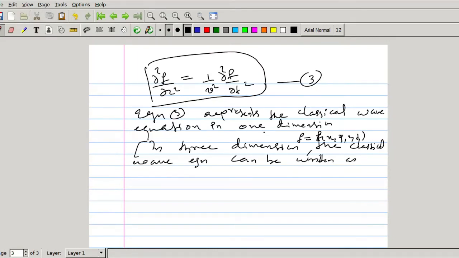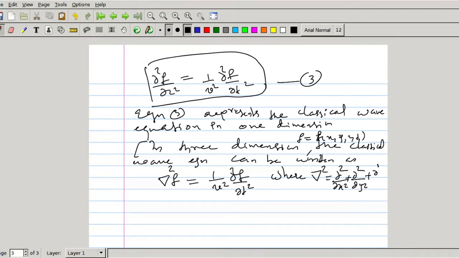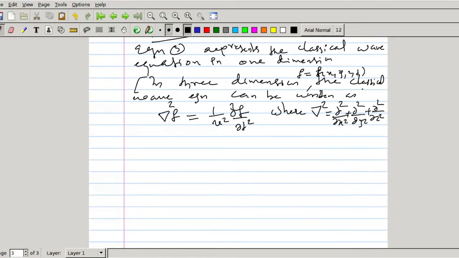So the left hand side will be having ∂²F/∂x² plus ∂²F/∂y² plus ∂²F/∂z², that we can write as del square. So del square F equal to 1 by v square ∂²F/∂t², where del square is nothing but ∂²/∂x² plus ∂²/∂y² plus ∂²/∂z². So this equation represents the wave equation in 3 dimensions.